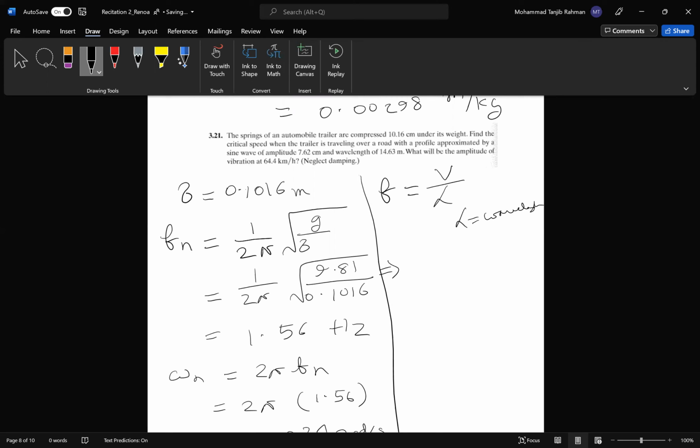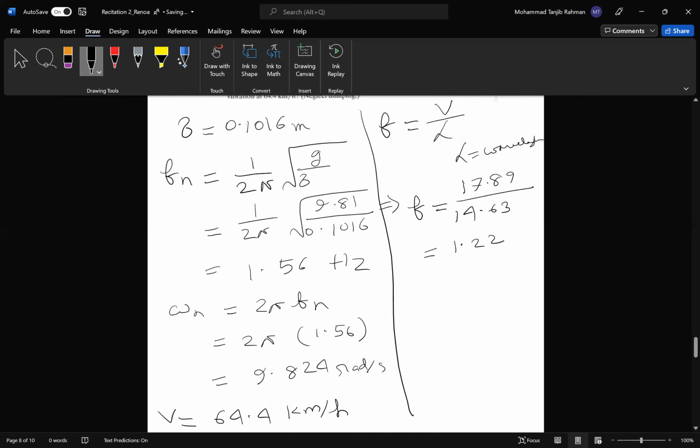So F is 17.89 divided by the wavelength, which is given as 14.63. So F would be equivalent to 1.22.